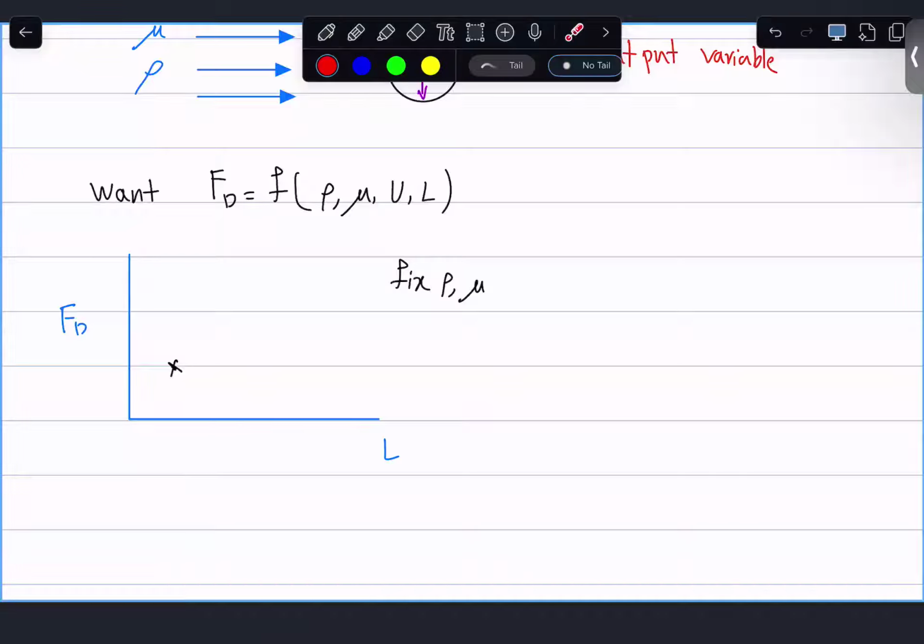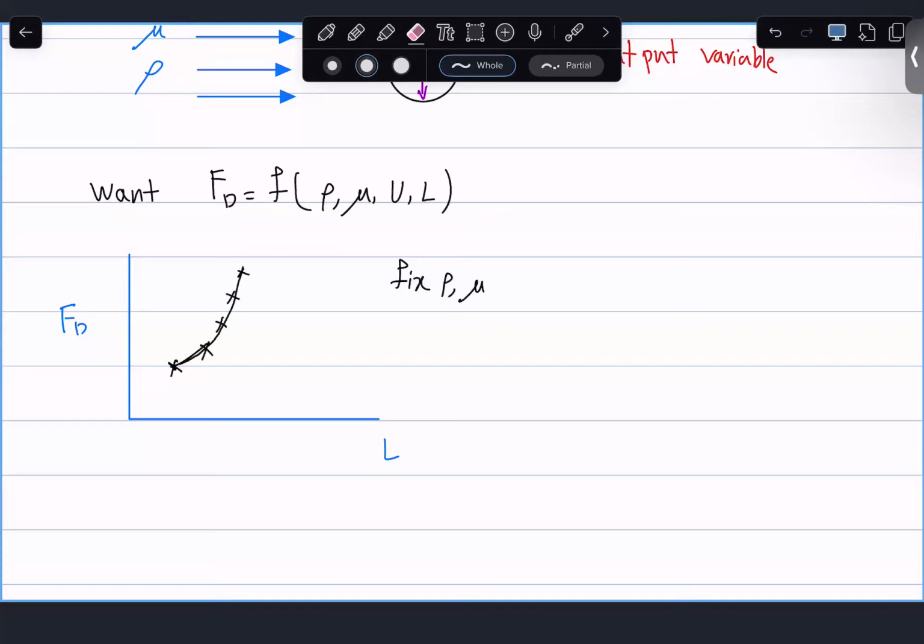So I'm going to see that for 10 centimeters, FD is this much, I don't know, 5 newtons maybe. And then I'm going to change the length again, and I'm going to get a different force. I'm going to change it again and again and again. So if I have enough points, I will see that there's this relation between FD and L. It's maybe a nonlinear function like that.